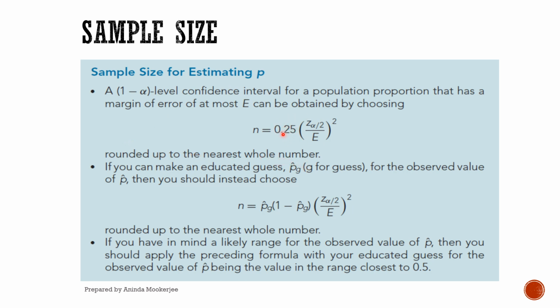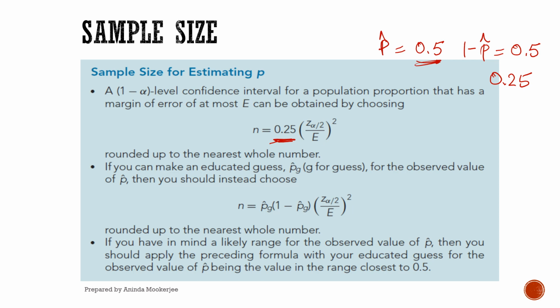Now this 0.25 is a hard-coded, constant value, but it comes from the fact that p hat is being assumed as 0.5, so 1 minus p hat is also 0.5, and when you multiply the two, you end up with 0.25. That's where the 0.25 is coming from.